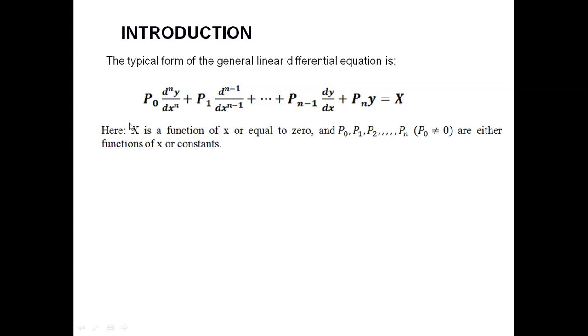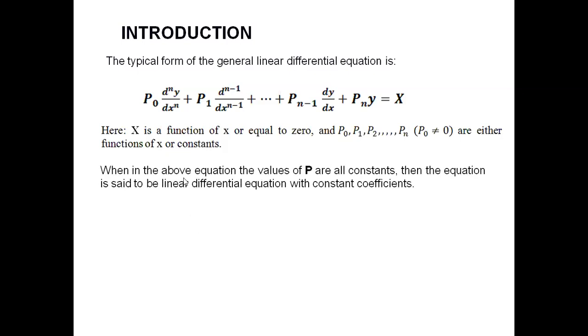So there's a difference. The capital letter X can stand for a function of x or can be equal to 0. And the P0, P1, P2, right up to Pn, these can either be functions of x or constants.